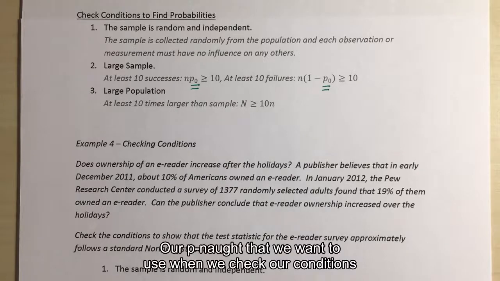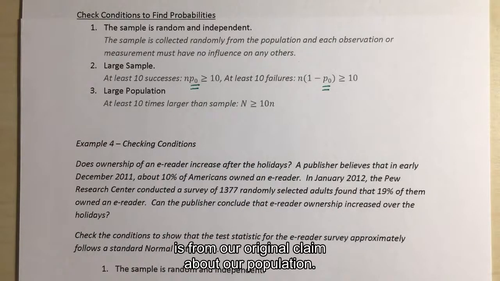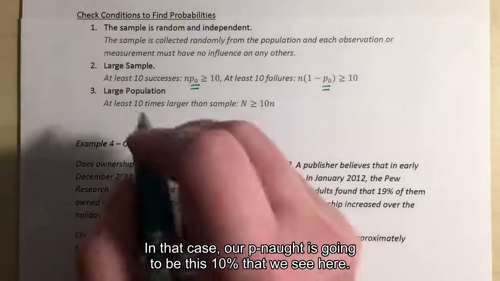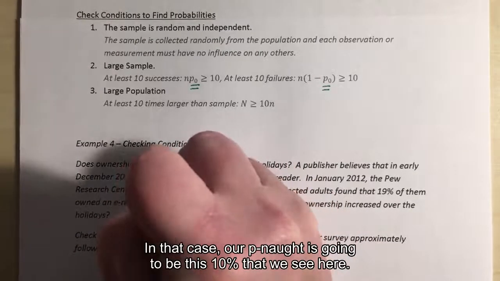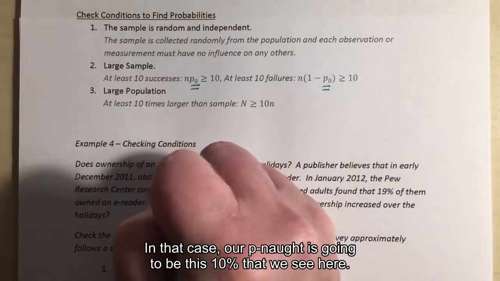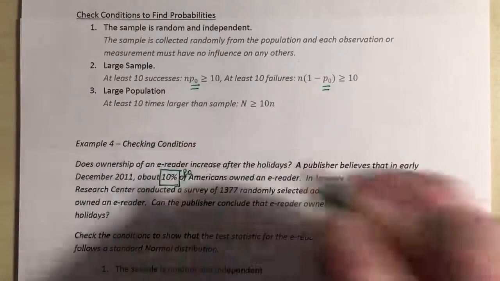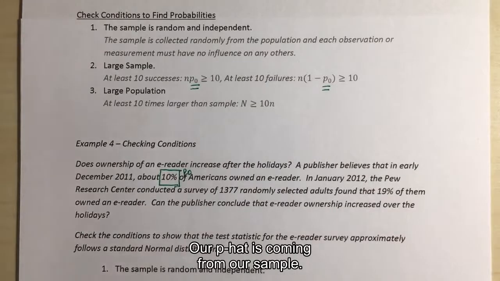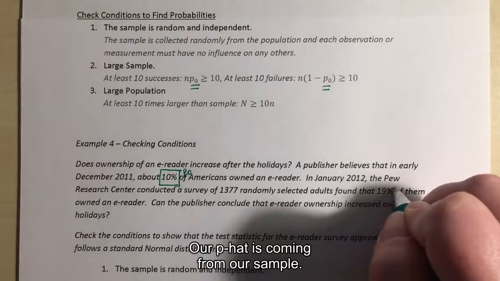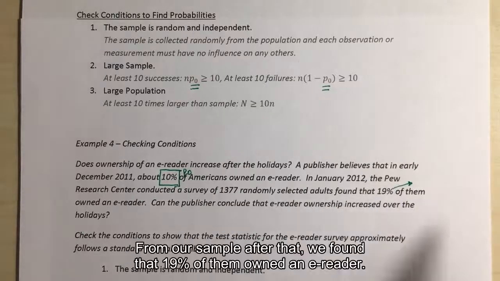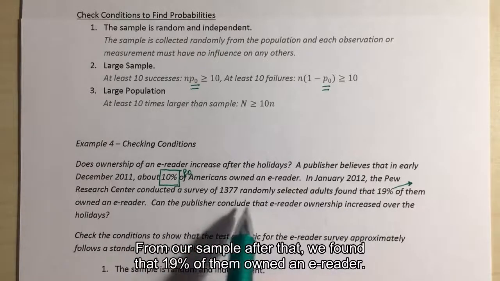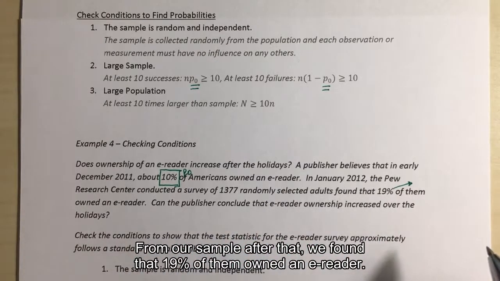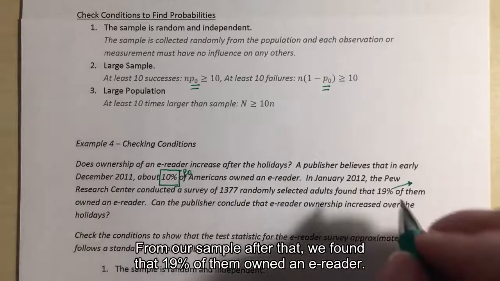All right, so our P-naught that we want to use when we check our conditions is from our original claim about our population. So in that case, our P-naught is going to be this 10% that we see here. Right? Our P-hat is coming from our sample. So from our sample after that, we found that 19% of them owned an e-reader.